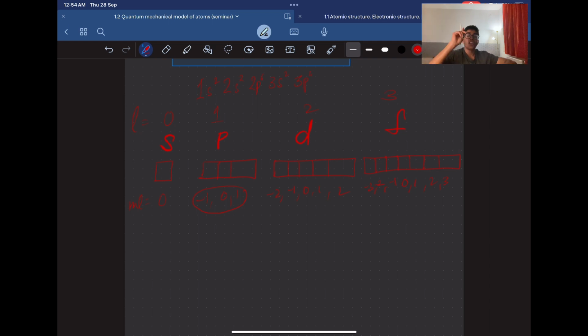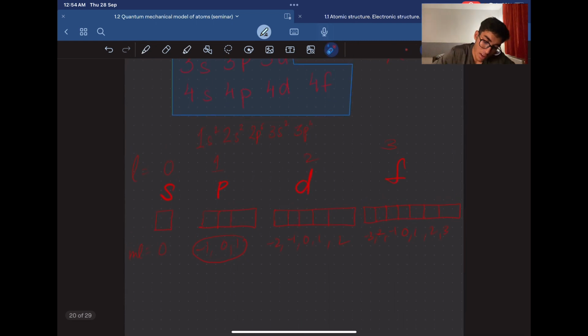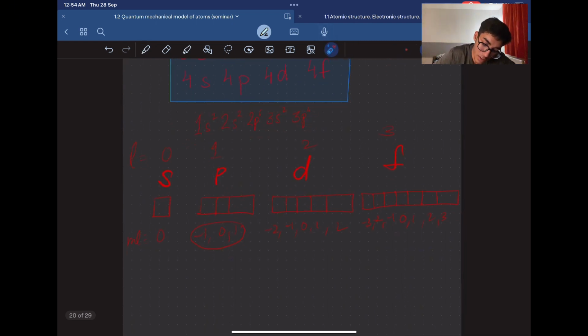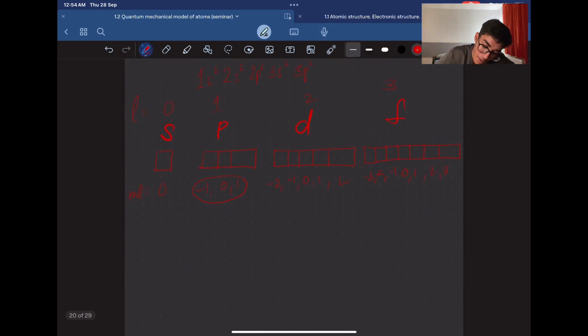Now let's start filling these orbitals. Let's take, for example, this shell. We're going to draw it something like this. 1s first. Then for 2s, we're going to draw another s orbital.